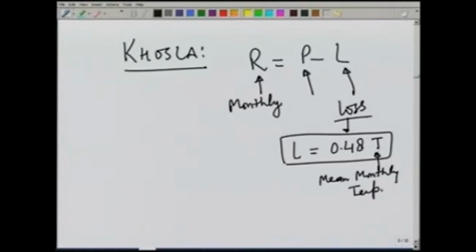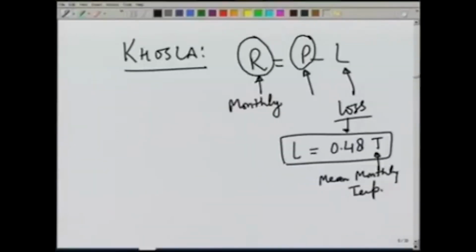So, mean monthly temperature of the area will be known to us from meteorological records. We can find the losses from here. Precipitation will also be known to us. So, we can find out the monthly value of runoff, and then we add this for the entire year to get the annual yield.